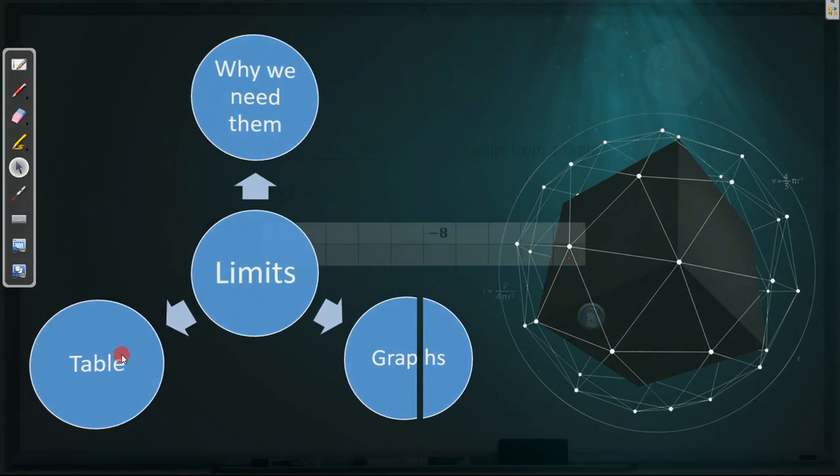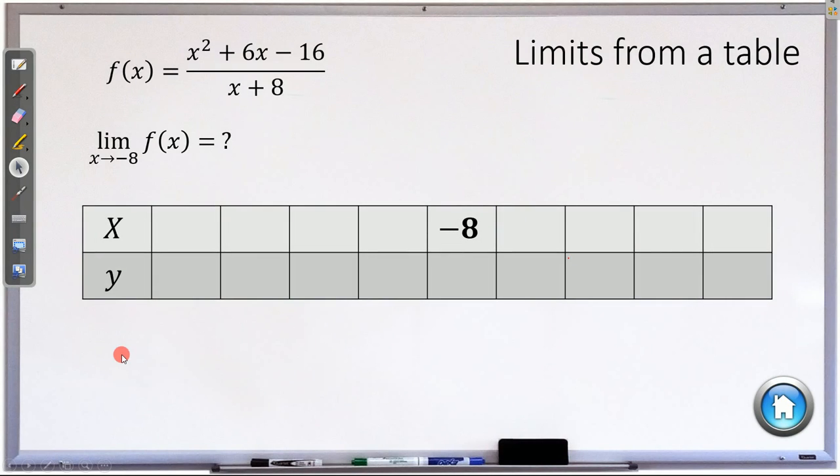Let's start with a table. Here's our function, the same one, and we want the limit as x gets closer and closer to negative 8 of this function. So what are some numbers that are close to negative 8? Well, we have negative 7.